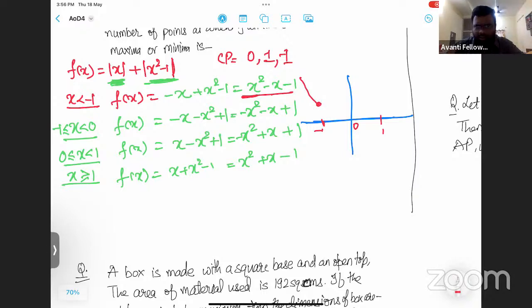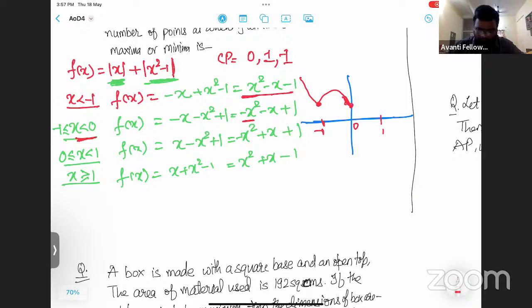Qualitative graph only. Okay, from -1 to 0, the coefficient of x square is negative, so this will be a downward opening parabola, right? The value at x equal to 0 is +1, and the value at x equal to -1 is again +1, so the graph will be somewhat like this.